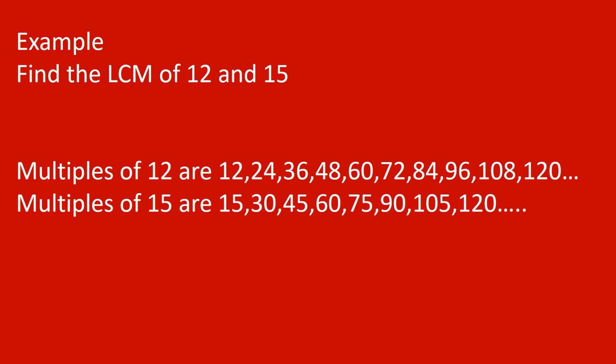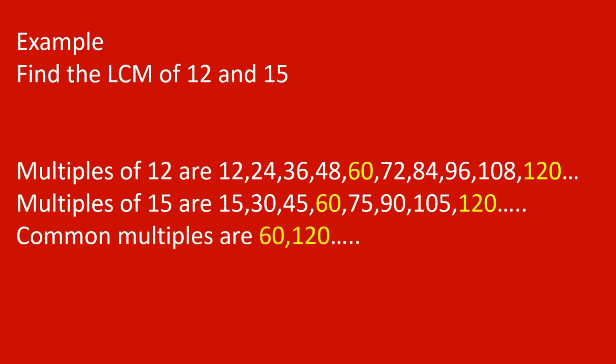Now we have written multiples of 12 and 15. The next step is to write the common multiples of 12 and 15. Common multiples means we check which numbers are common in both. So the common numbers are 60 and 120. So the common multiples are 60 and 120.